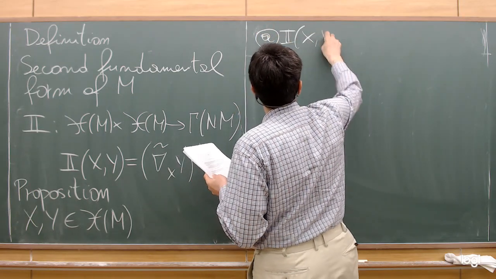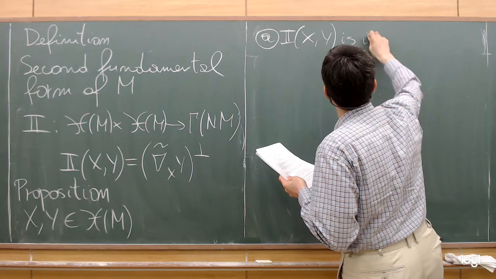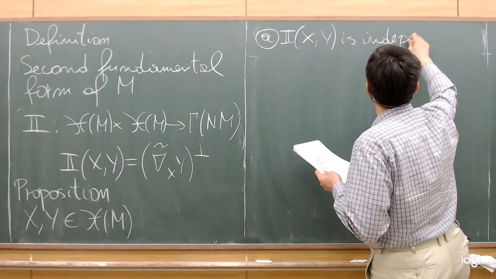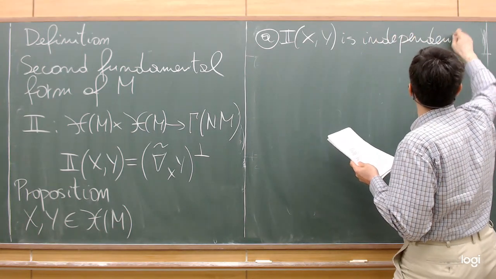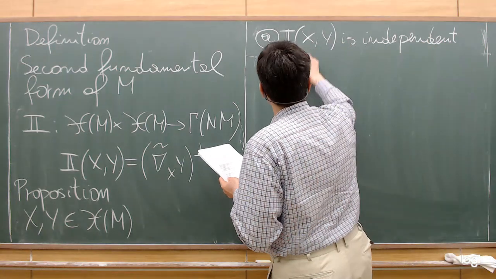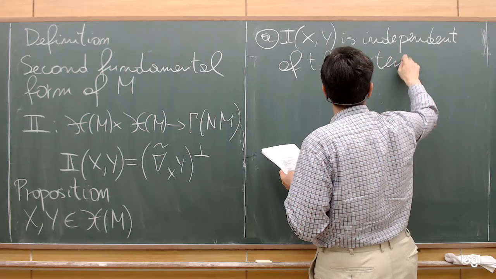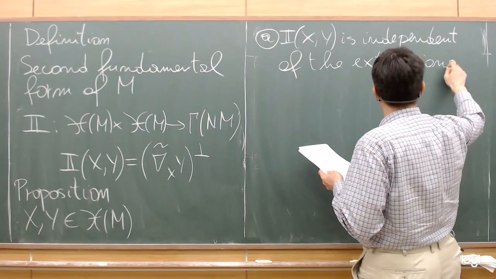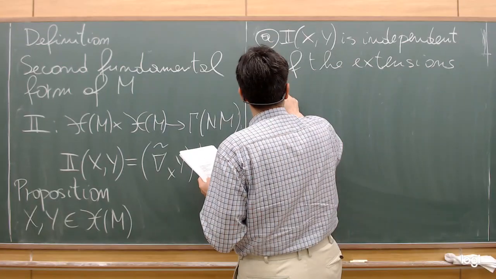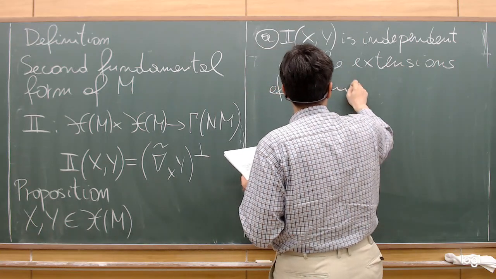A: II of x, y is independent of the extensions of x and y.